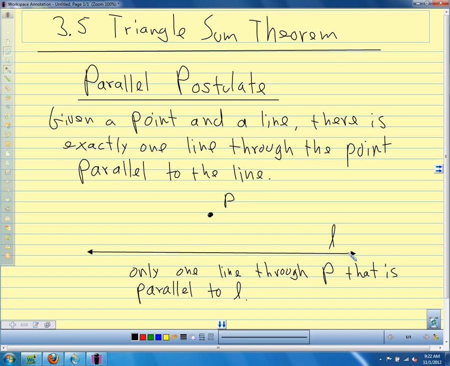I'll write down our triangle sum theorem, which is something that we've all talked about almost since we've started learning anything about geometry. We've said all the angles in the triangle add up to 180. So that's what the triangle sum theorem is, and then we'll go to how the parallel postulate helps us figure out the triangle sum theorem.